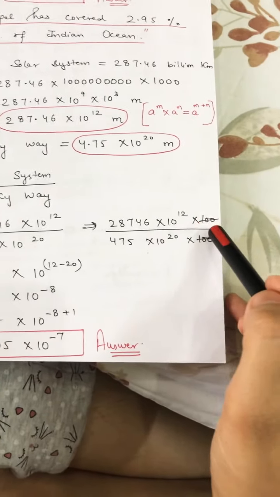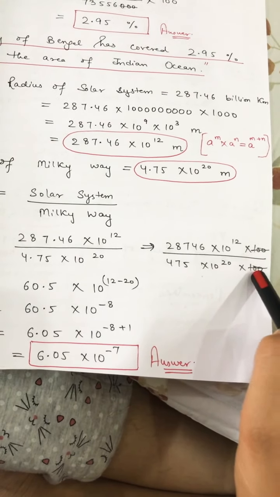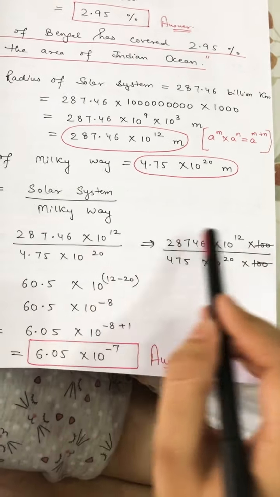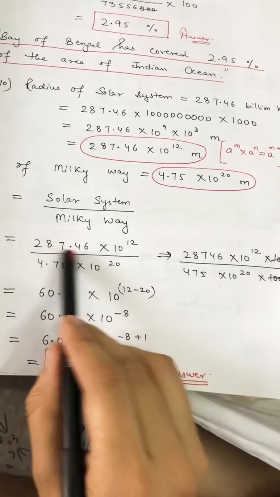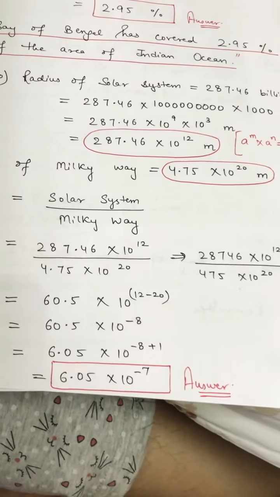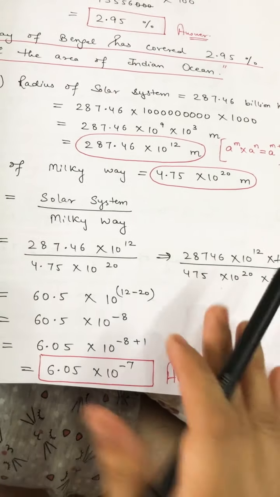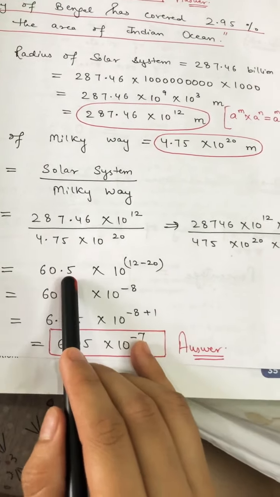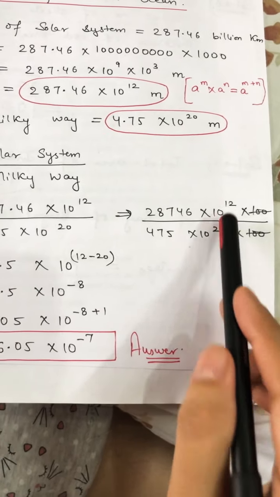Now both 2 zeros will be cancelled from numerator and denominator. Now what is left? 10 raised to 12 as it is upon 10 raised to 20 as it is, into this value as it is. Now decimals are removed. After cancelling this, your answer will be 60.5 multiplied by, this is the law.